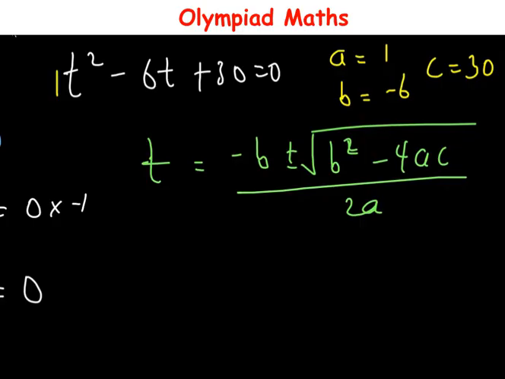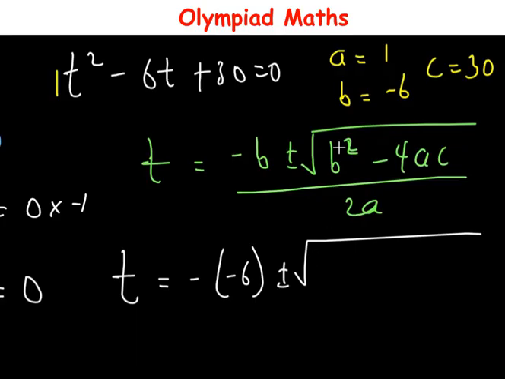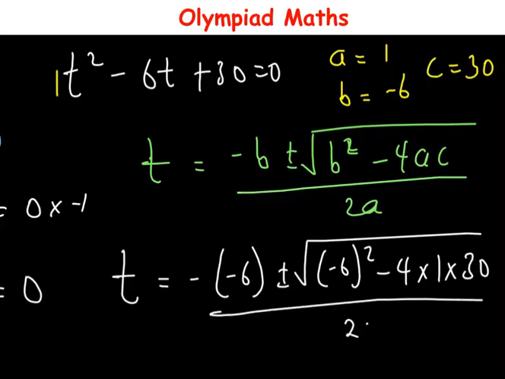Okay, now we're putting the values of a, b, c into the equation. What we have for the value of t is then equal to minus b, which is minus 6, then plus or minus square root b squared, b is minus 6, so minus 6 squared minus 4 times a is 1 times c is 30, all over 2 times a is 1.